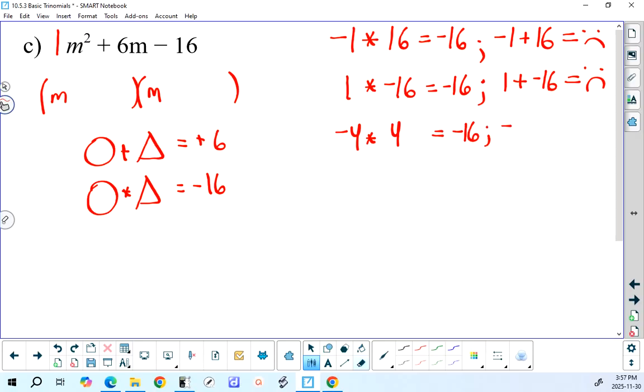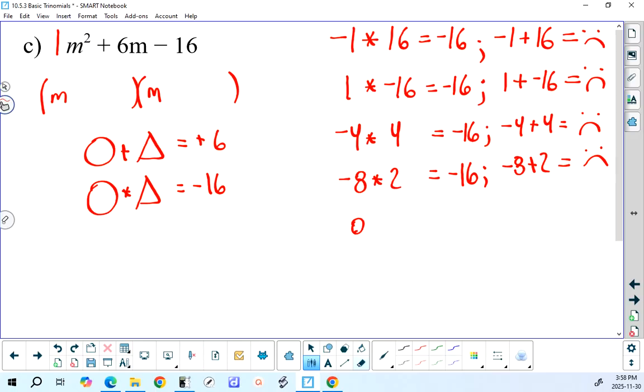But unfortunately, negative 4 plus 4 does not give us what we want. You can try negative 8 and 2. That gives you negative 16 when you multiply. What about negative 8 plus 2? That does not give you the positive 6. It gives you negative 6, and we want positive 6 for a sum.